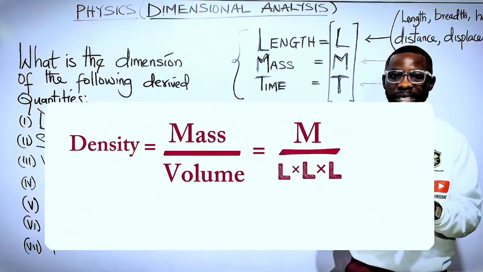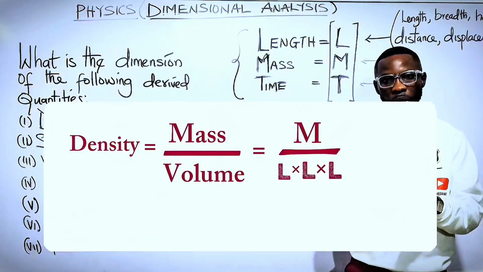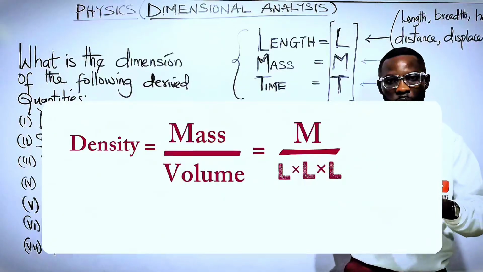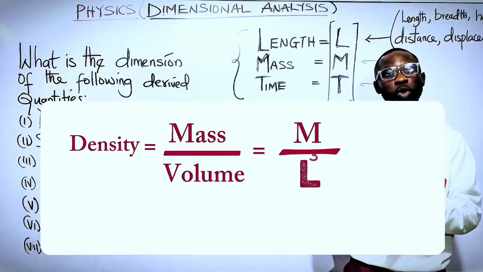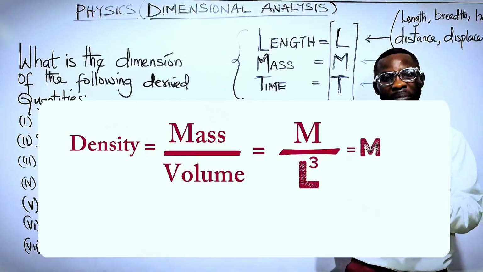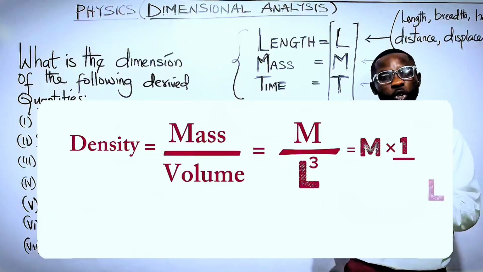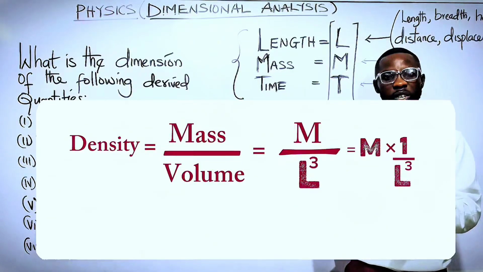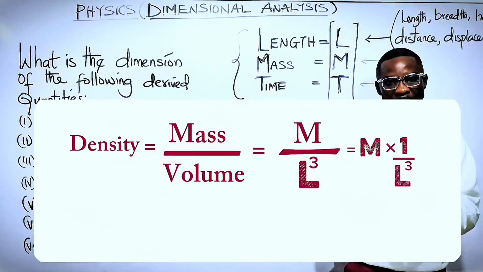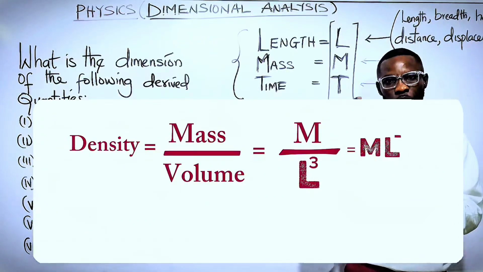And so we express it as M over L times L times L. If we express it further, we have M over L cubed. In index form, it is M times 1 over L cubed, which is M times L raised to the power minus 3.